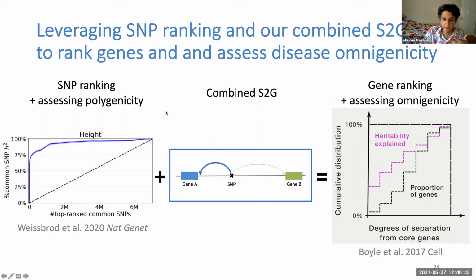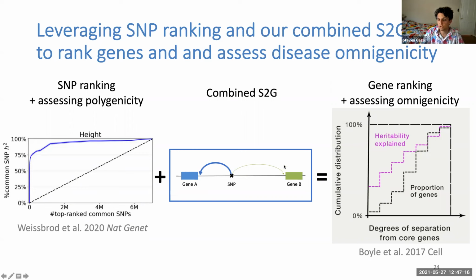Okay, and so what we can do here is actually build this curve, and the way we can do that is by leveraging the fine-mapping algorithm outputs, because an output of a fine-mapping algorithm is the estimate of the true causal effect of each SNP. Then we can link this true effect to its gene using our map, and by summing this across all causal SNPs, we get for each gene the fraction of heritability it explains.